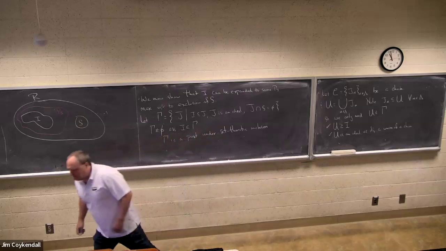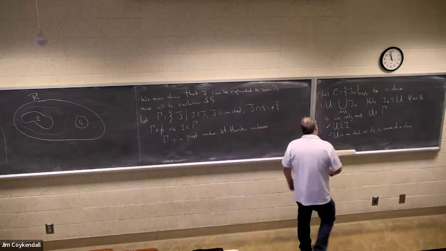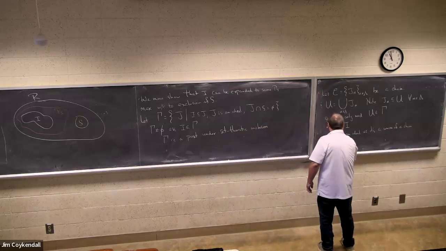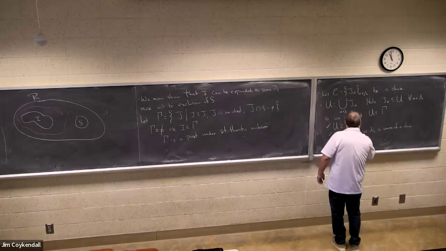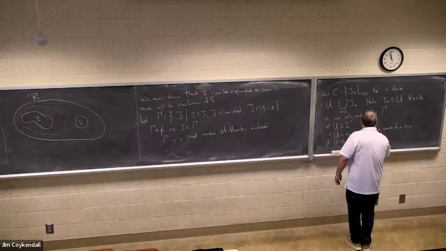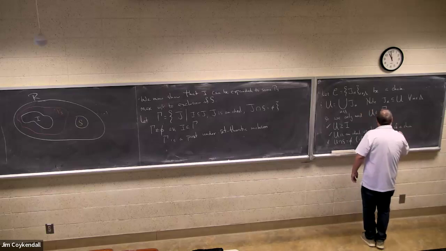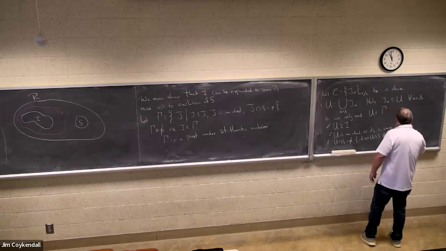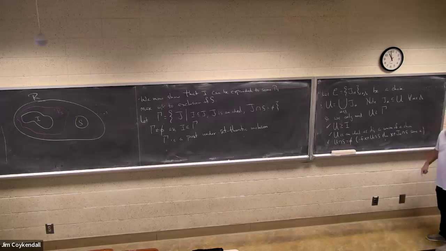Can somebody tell me why? If x is in U intersect S, then x is in J alpha intersect S for some alpha, because U is a union of these, so any x in U lives in one of these J alphas.